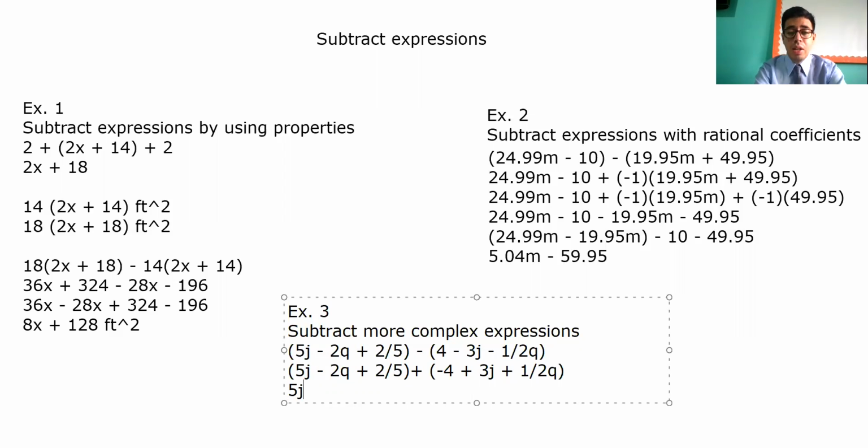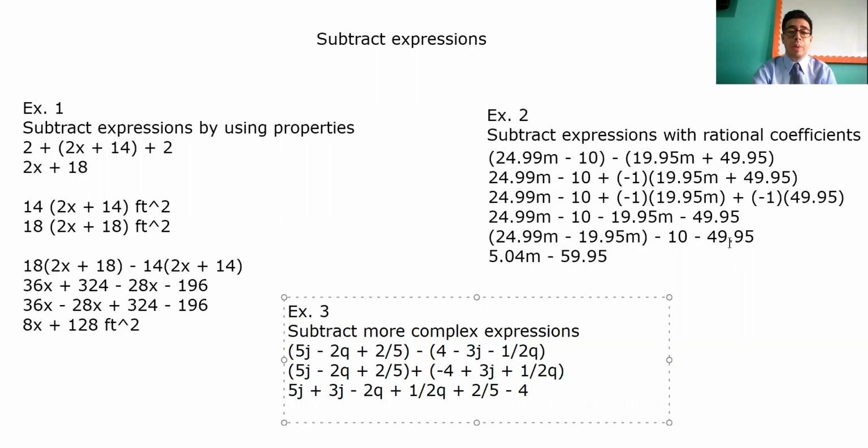So 5j plus 3j, I'm going to take out of the parentheses and order, okay? 3j minus 2q plus 1/2 q plus 2 over 5 plus minus 4, sorry. So we only check if we copied the exercise well. 5j plus 3j minus 2q plus 1/2 q plus 2 over 5 minus 4. Okay, so we only solve the operations.